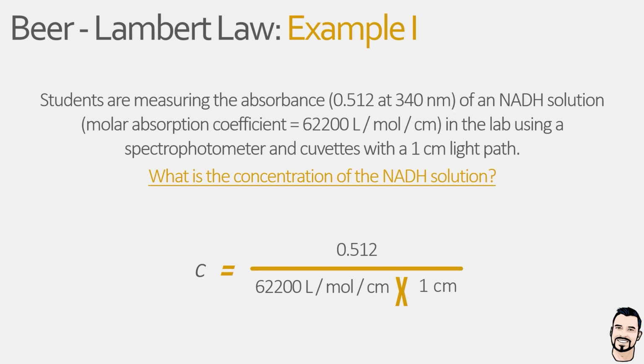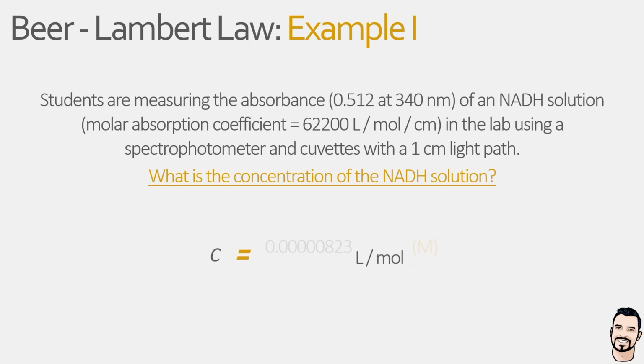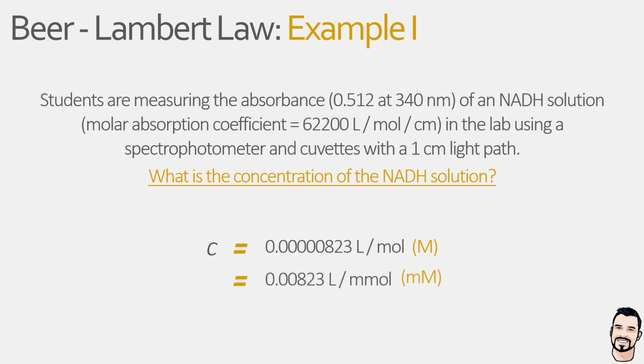Now, to make things easier, we can simplify this equation by completing the bottom line of the equation, giving us C equals 0.512 divided by 62,200 litres per mole, which we can complete to give us a concentration of 0.00000823 moles per litre, which is more commonly referred to as molar. Or, if we were to convert the number to something more manageable, we'd get 0.00823 millimolar. And we can convert this yet again, giving us 8.23 micromolar.